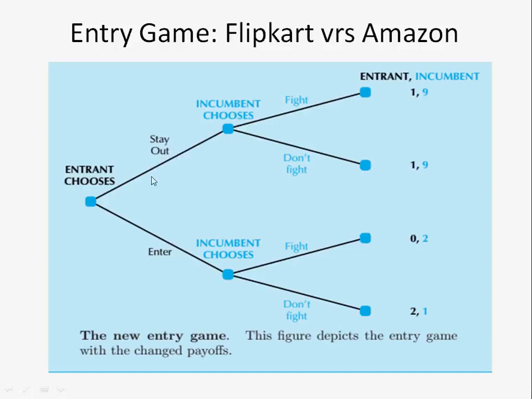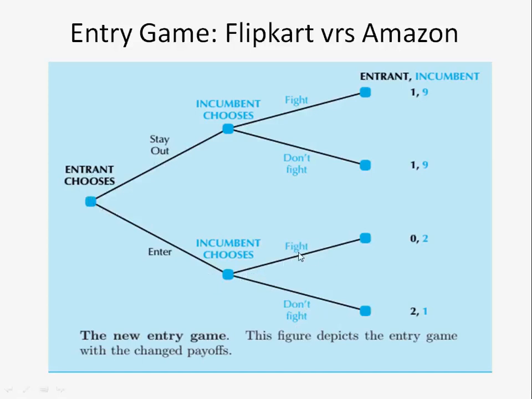Knowing these two actions, Flipkart, the incumbent, has two choices, either fight or don't fight. A fight can be in the form of giving more discount than Amazon, so that the Amazon platform is not viable at all. If Amazon chooses to enter, Flipkart has two choices, either fight or don't fight.